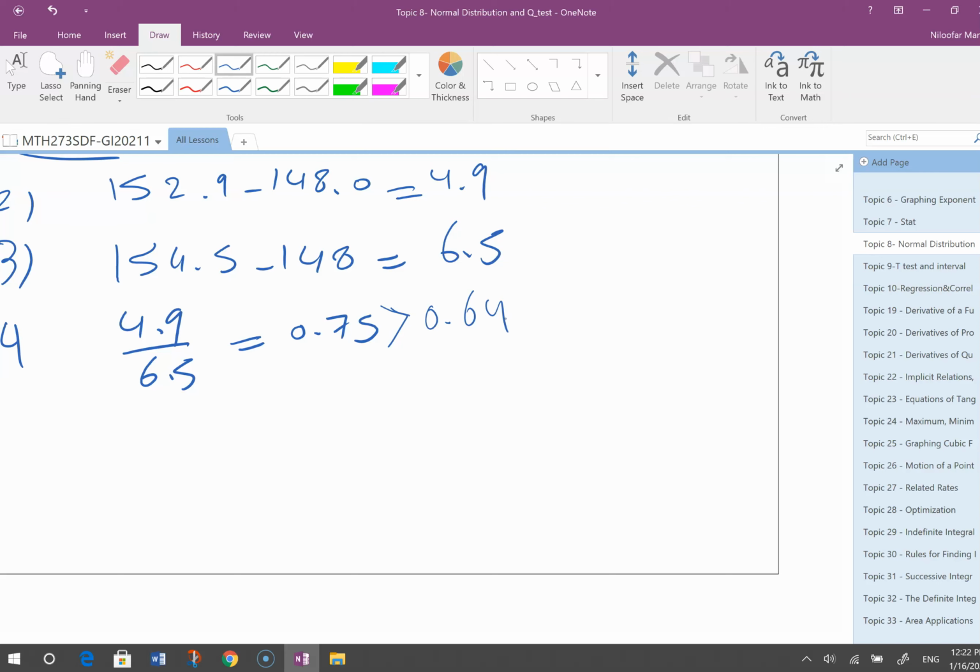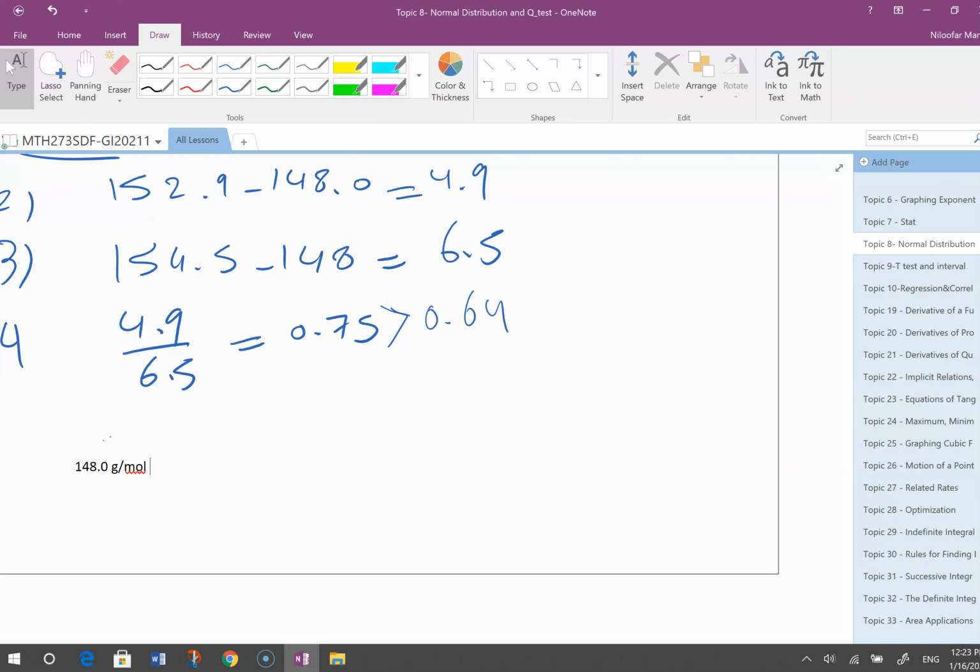Okay, so what was the data? 148.0. There is no unit. Yes, gram per mole. Yes, molar, that's molecular weight.